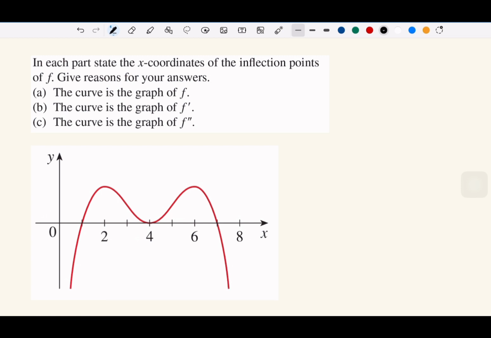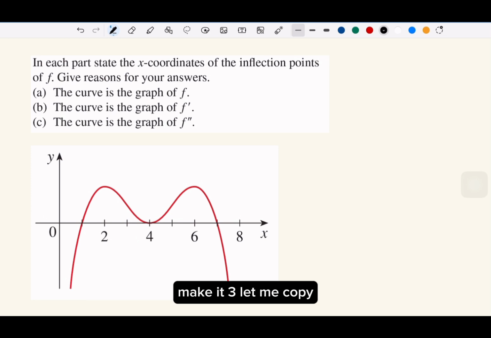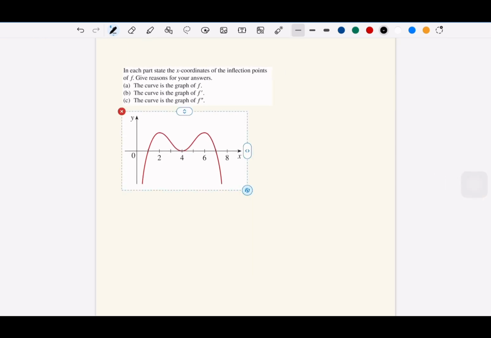Okay. Let's try part A. If the curve is f. Let me copy, make it 3.